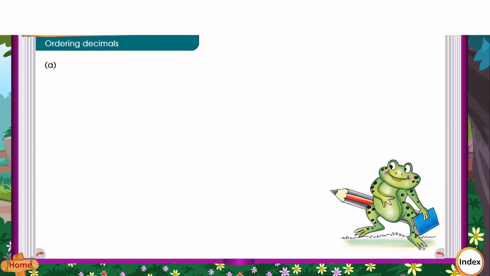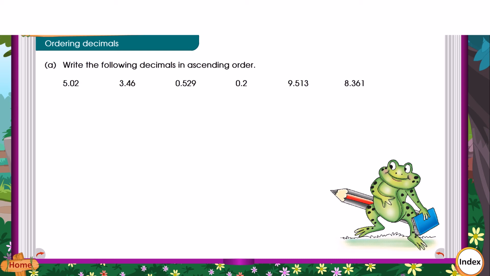Ordering decimals. A. Write the following decimals in ascending order: 5.02, 3.46, 0.529, 0.2, 9.513, 8.361.